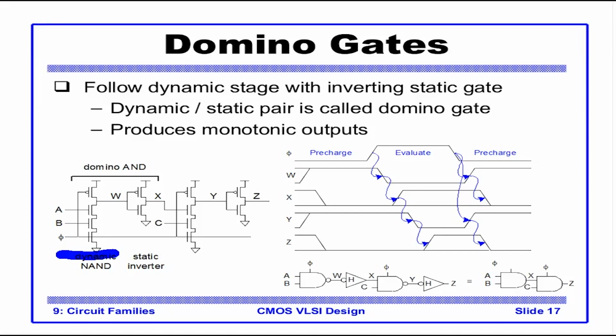The logic works just fine. We could also draw a logic diagram representing this. You have a dynamic NAND, then a static inverter, then again a dynamic NAND, and again a static inverter. So we convert this dynamic NAND to a domino AND, with an extra input being the clock. Again, this is a domino AND.